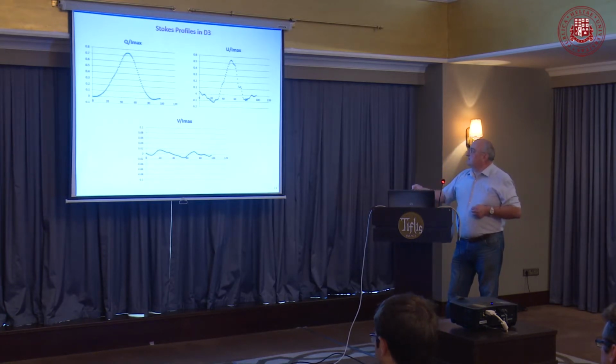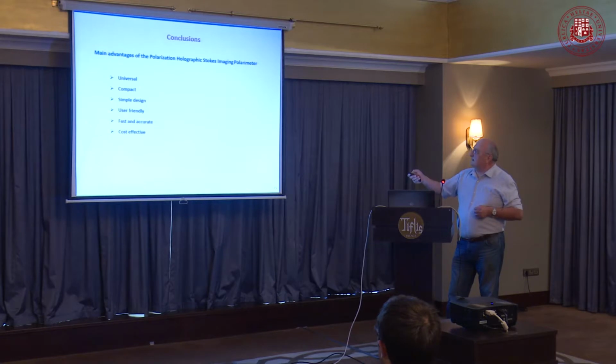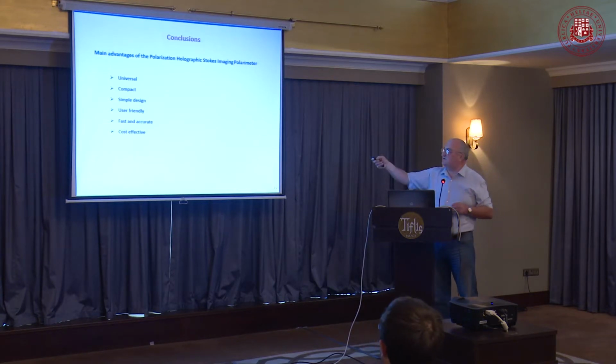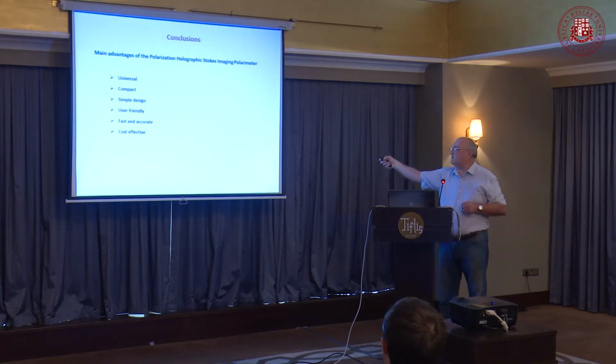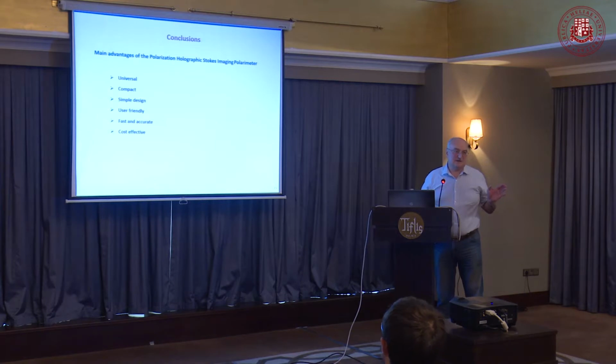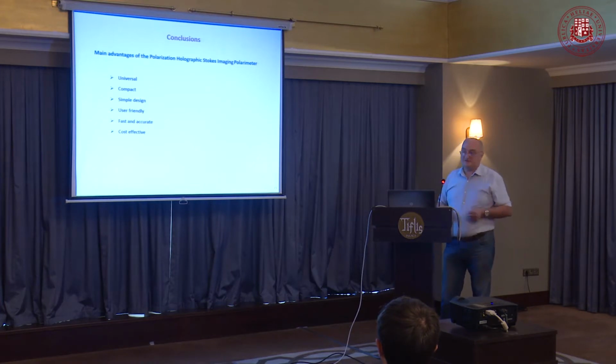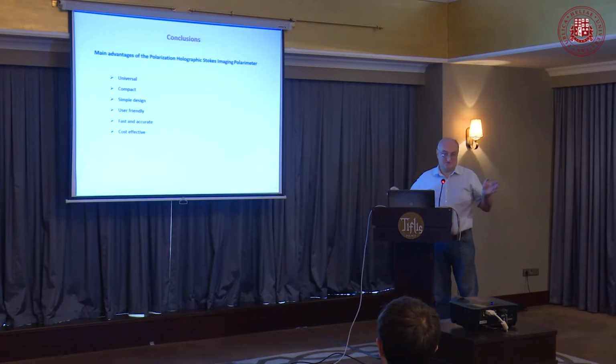So finally, to have a conclusion, what are the advantages of this kind of realization of polarimeter? It is universal. This means that you can use it in different setups, like, for example, spectropolarimetry like this case, or for night observations of variable stars, which we are planning to do, or in other things.